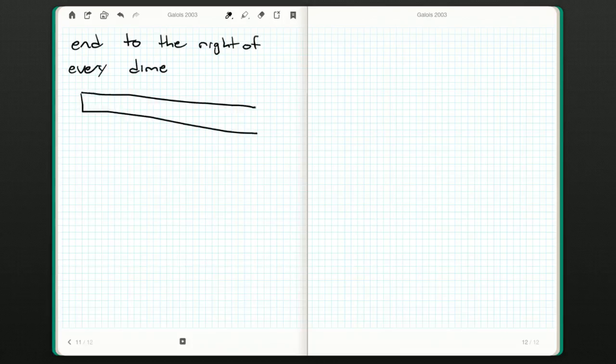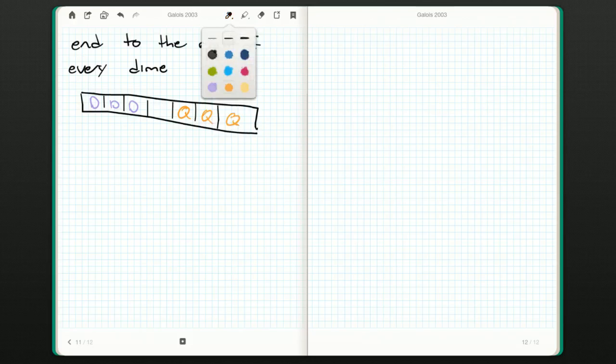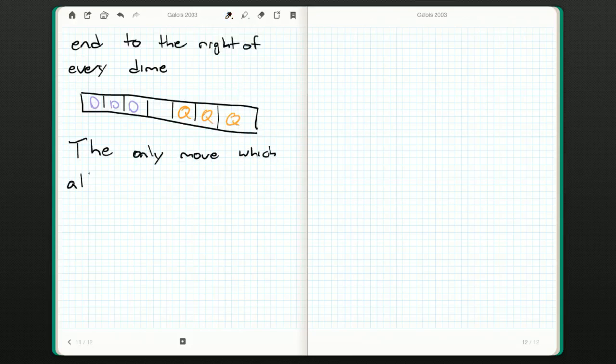So what does our end state look like, just to remind ourselves? 1, 2, 3, 4, 5, 6, 7. So the game needs to end up like this. Every quarter is now to the right of every dime. And the only move that allows us to switch is a jump. Shifts don't.